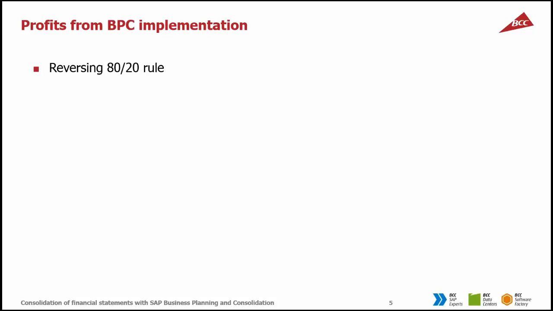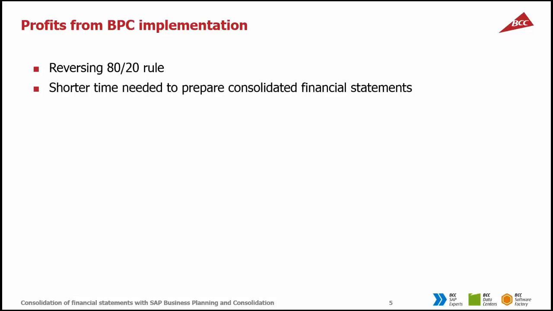The second profit from implementation would be shortening the time needed to prepare the consolidated financial statement. Usually after such an implementation, the time for the whole process is shortened remarkably.